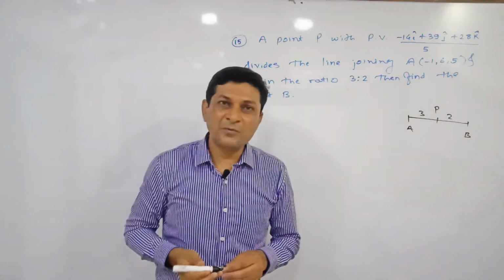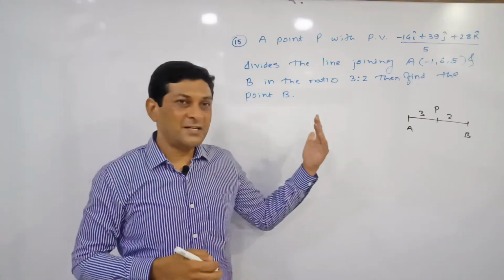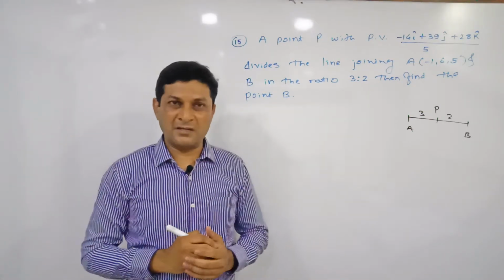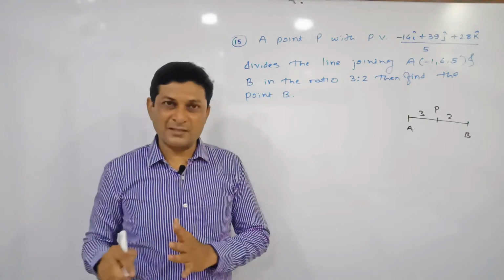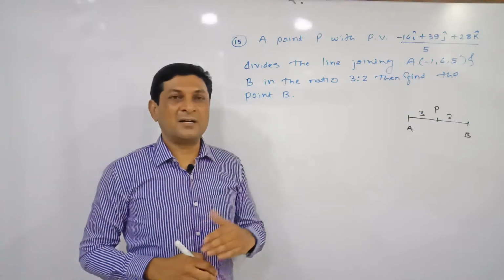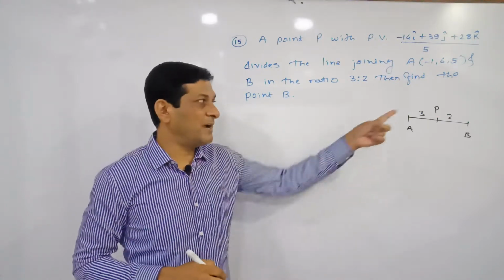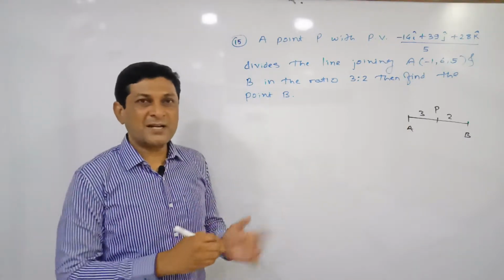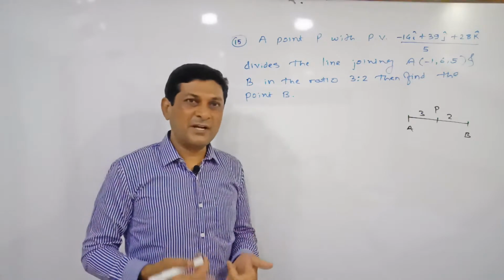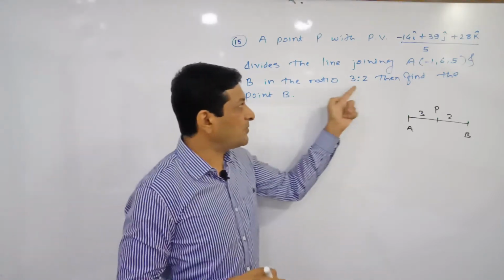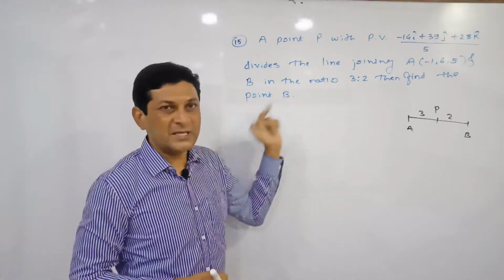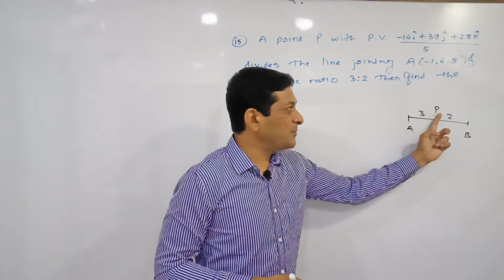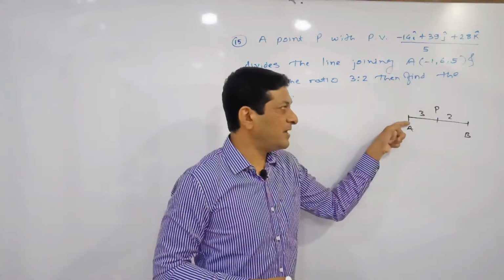Now it is not given to us whether this point divides internally or externally, but if you observe the answers given on the last page, from that we can say that it divides this segment AB what? Internally. Getting it? So that's why we are applying the section formula for internal division to find out point B here. The position vector of point P is given, and the coordinates of point A are also given.